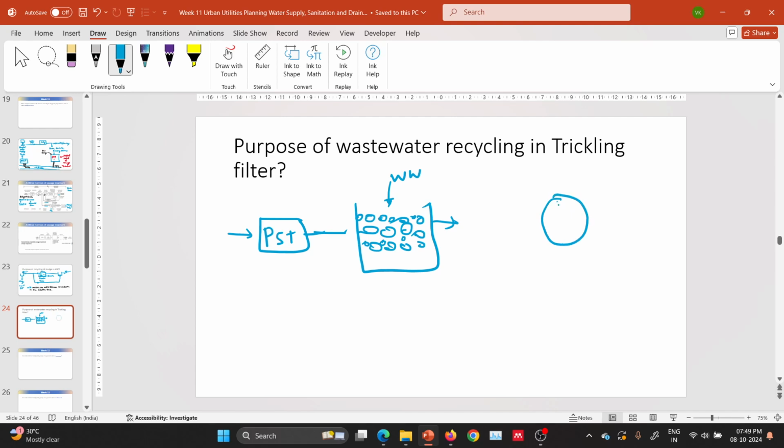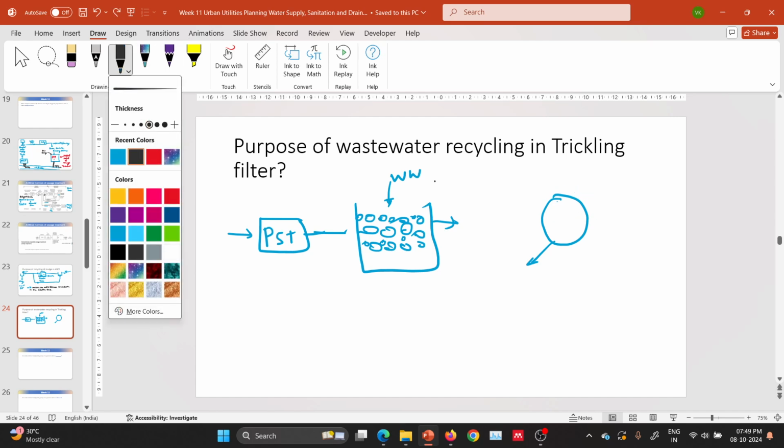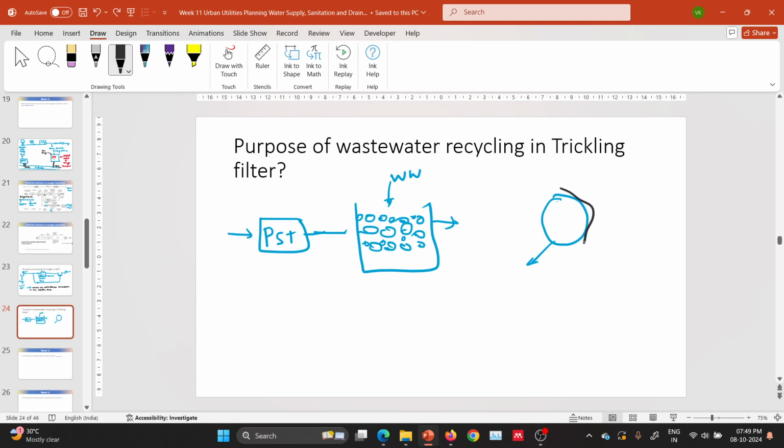This is the media of the trickling filter, and the layer of biomass will grow over the filter media.